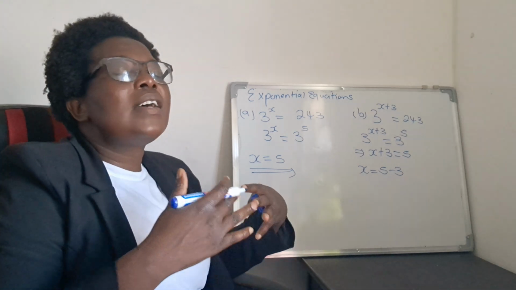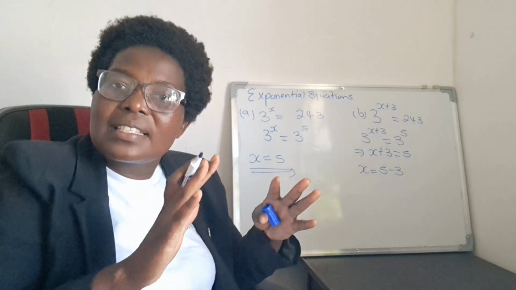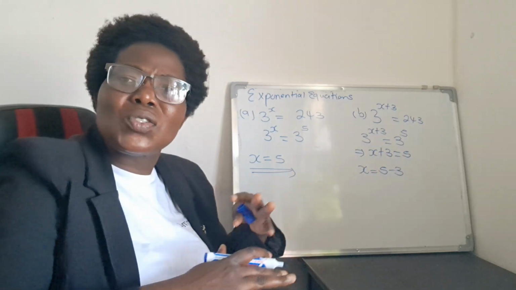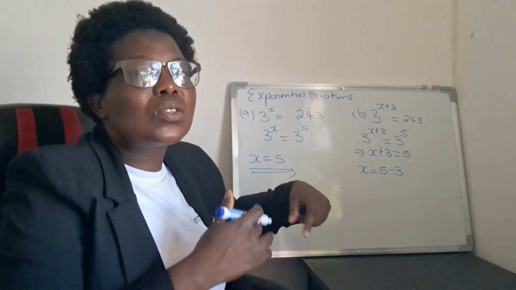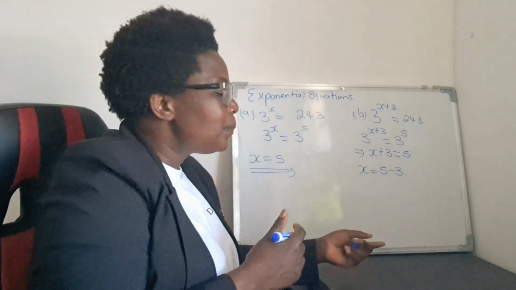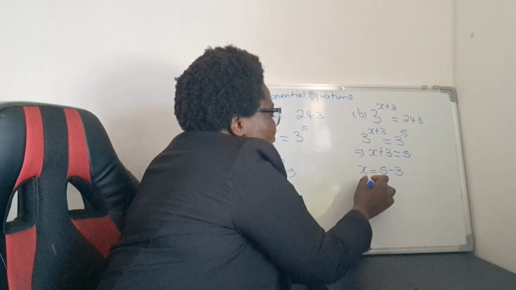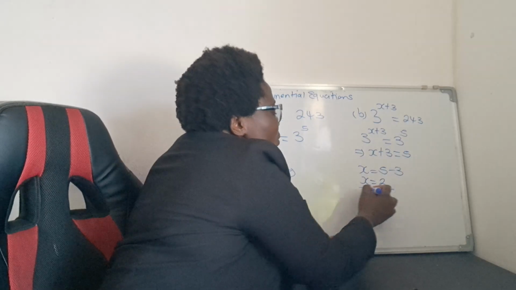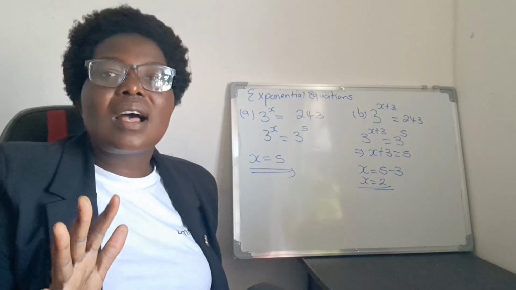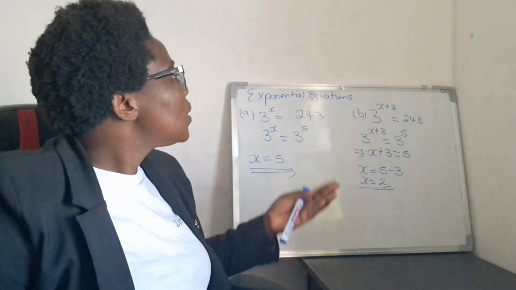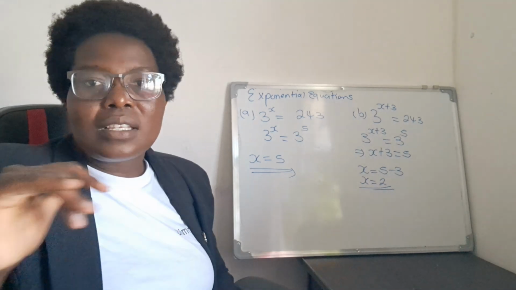We need to have x as the subject of the formula, or else leave your x on its own and let the 3 go and join its family. Therefore, the sign on it has to change. So the value of x in this equation is x is equal to 2. So in short, this is how you do your exponential equation. Match the base, equate the powers.